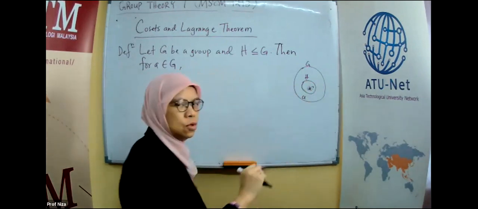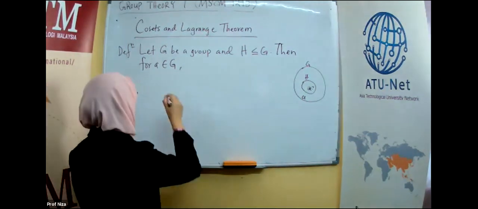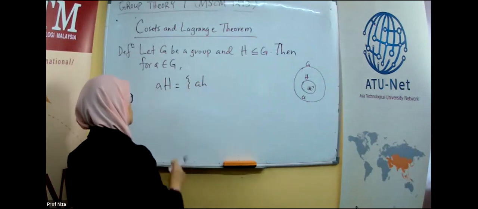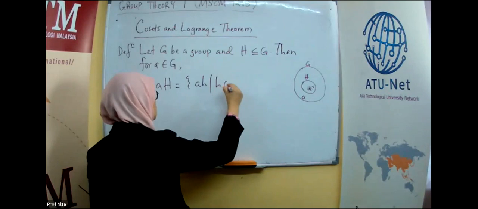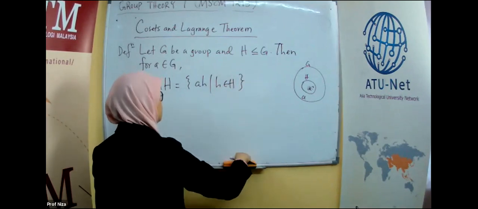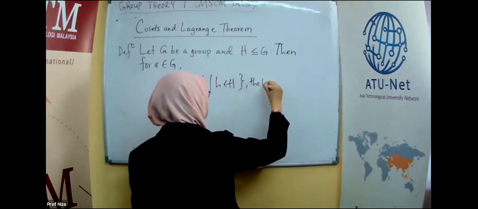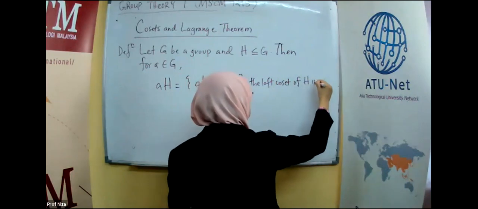We don't know. a is in G. aH is a times h, for h in H, the left coset of H in G.